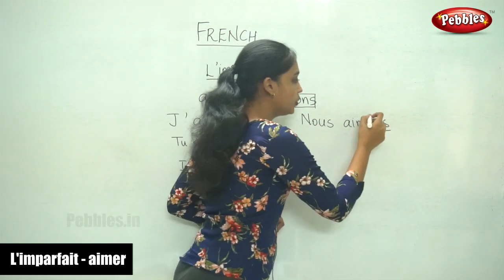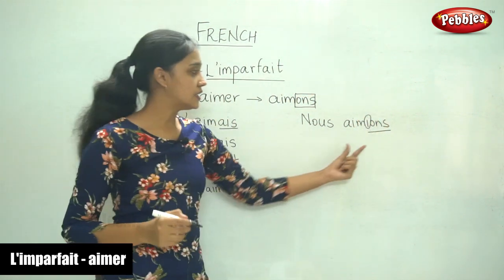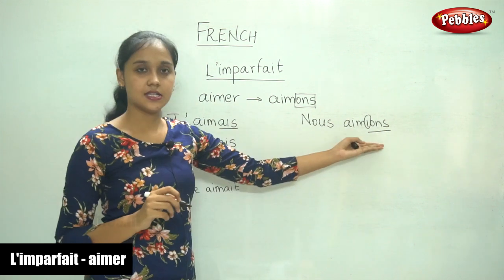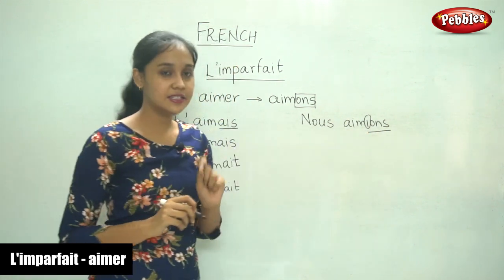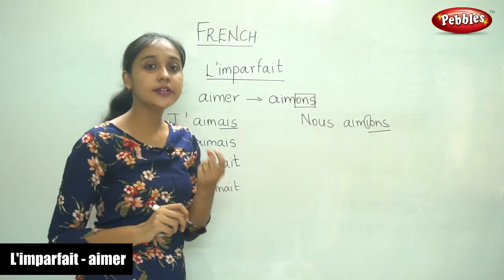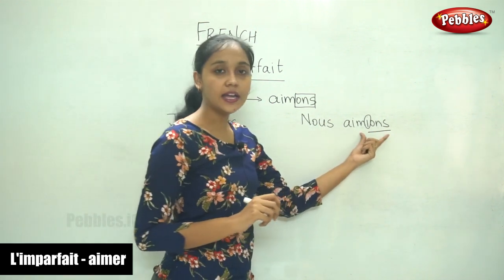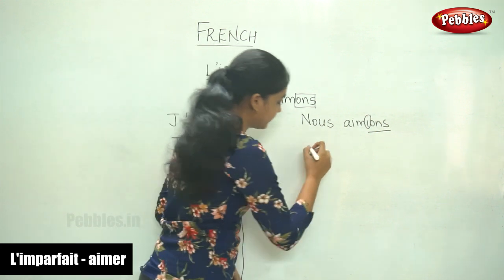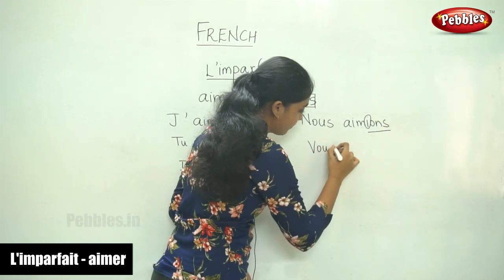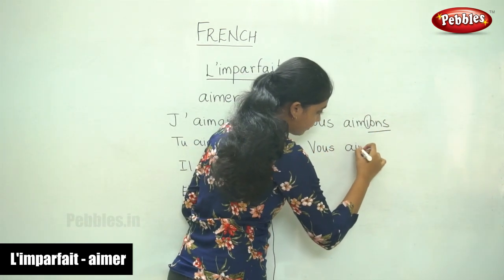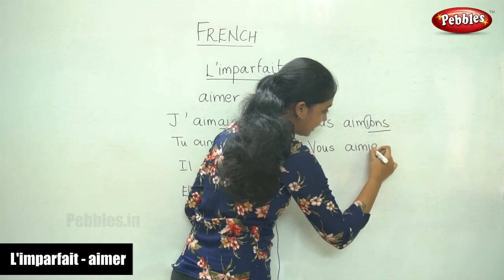So if you don't put this i, it just becomes the present tense. So this i makes the difference. It gives you a different meaning. So ions is the ending. For vous, iez.